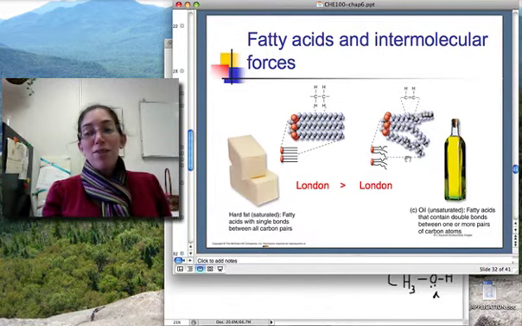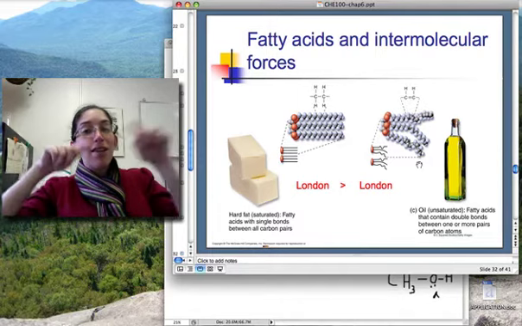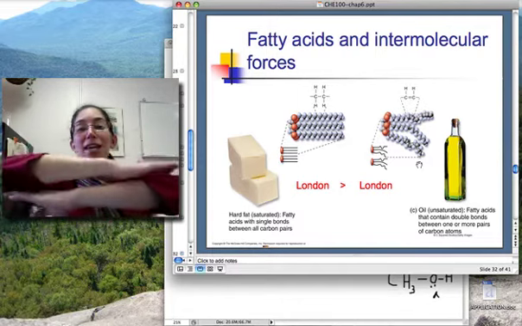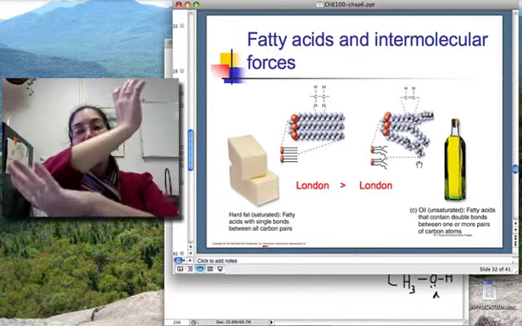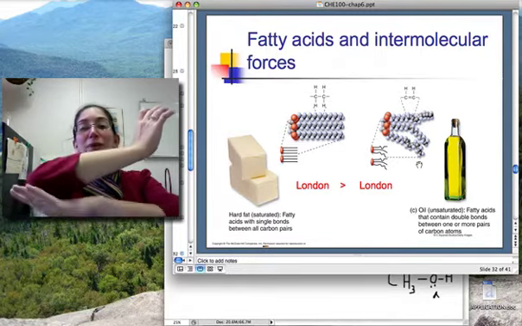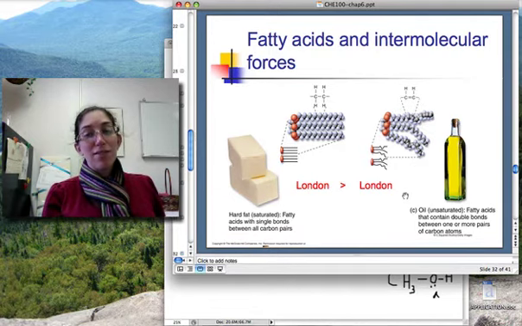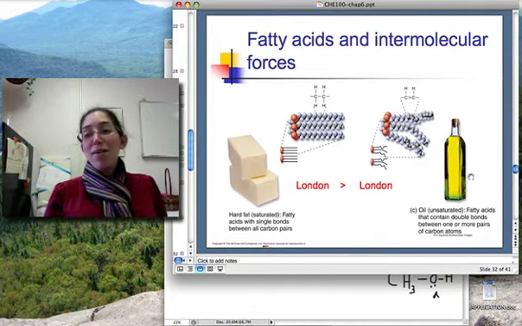Whereas when they're kinked and all bent out of shape, they can't spoon as tightly, and therefore they have fewer London force attractions holding them together, so they become more liquidy. They have a lower boiling point.